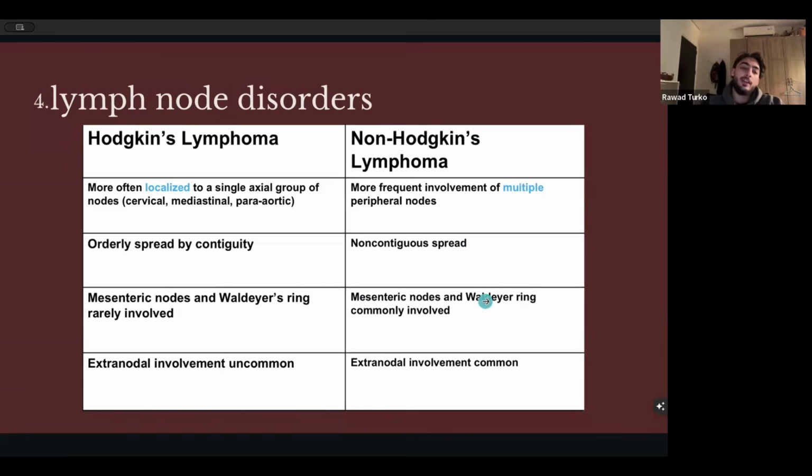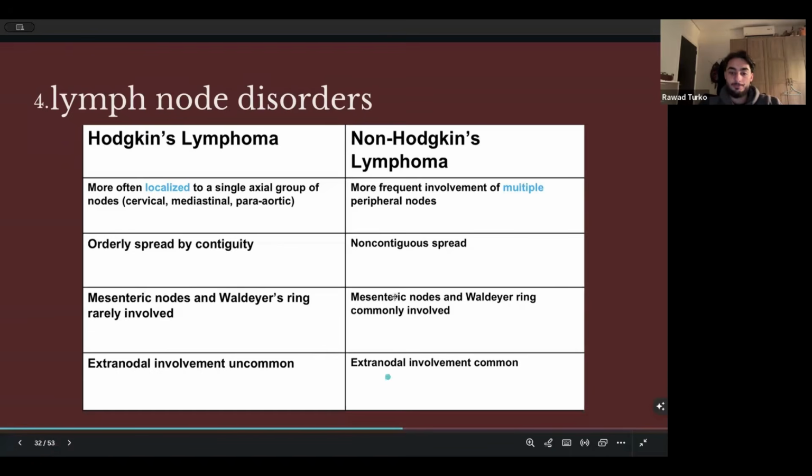Your Waldeyer ring is basically a number of lymphoid tissues that you're going to have in the tonsils and in the back of your oropharynx. So it's going to form a ring, and if you get involvement of any of this lymph tissue, then you know that it's non-Hodgkin's lymphoma, because your Hodgkin's lymphoma typically does not involve your Waldeyer ring or your mesenteric nodes, and you could have extranodal involvement.